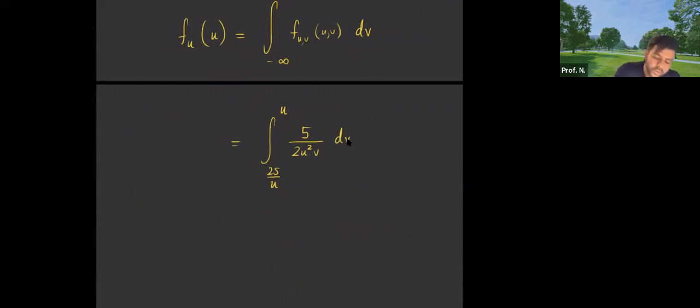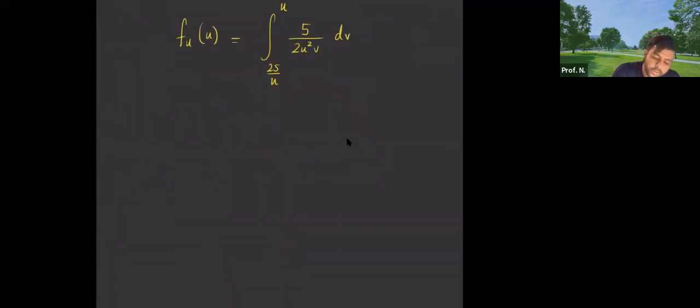But of course, we're integrating with respect to v, so our u in our integrand can be taken out. So this is 5 over 2u squared times the integral from 25 over u to u of 1 over v dv.